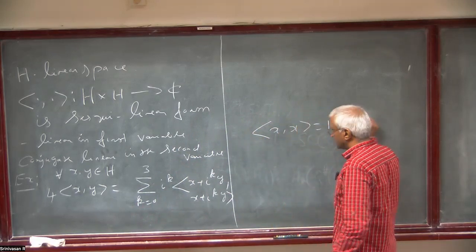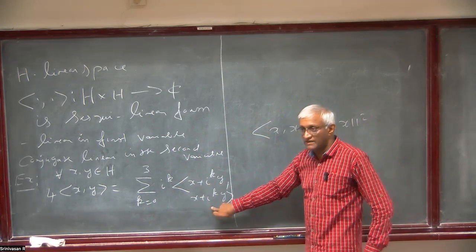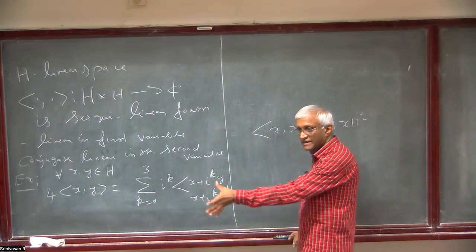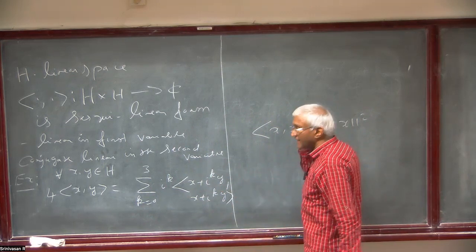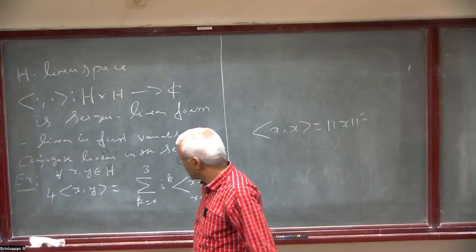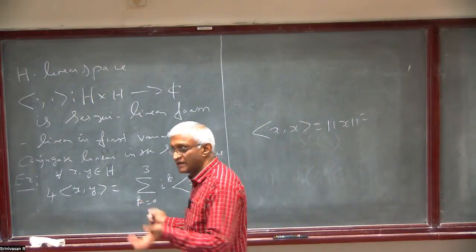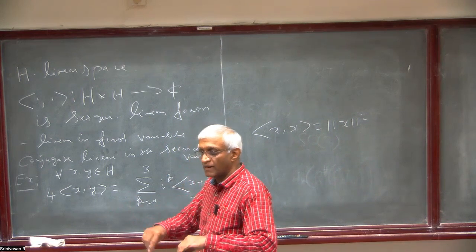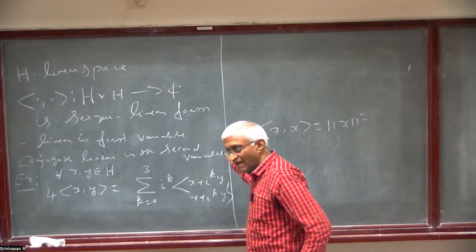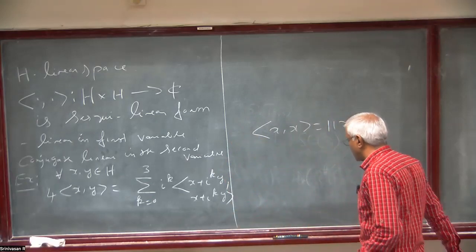So this is like a norm, something connecting the inner product and the norm. Is this the parallelogram law? No, this is not. This is called the polarization identity. It is not the parallelogram law.